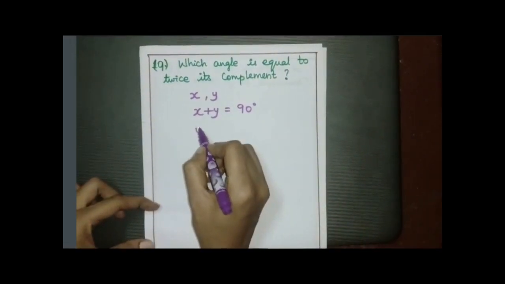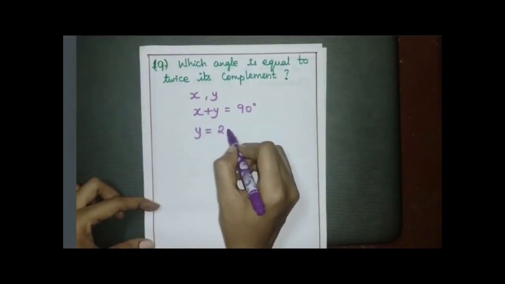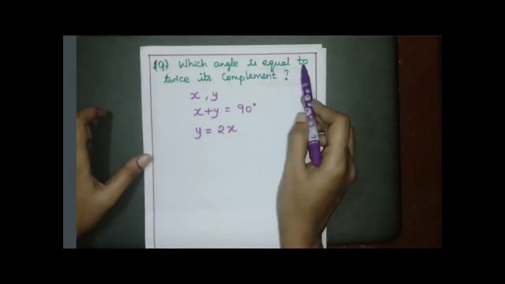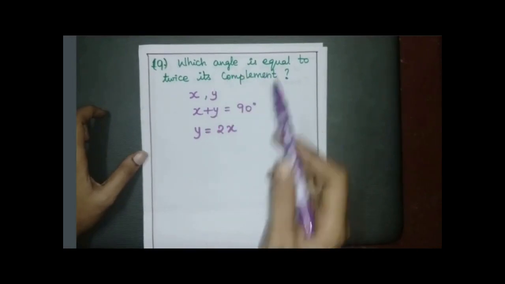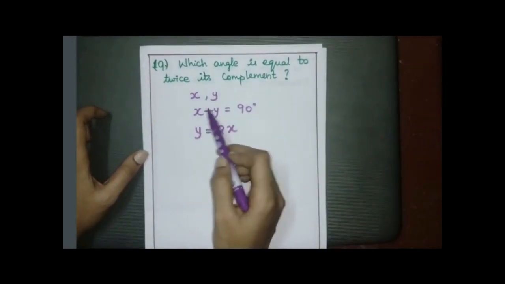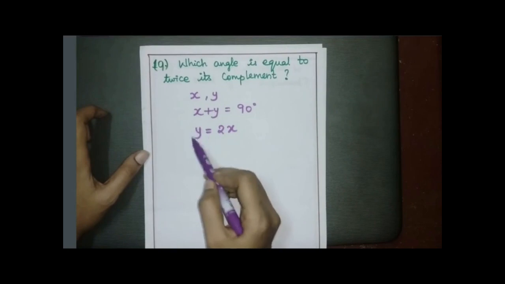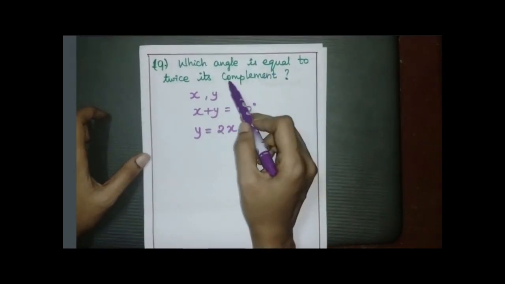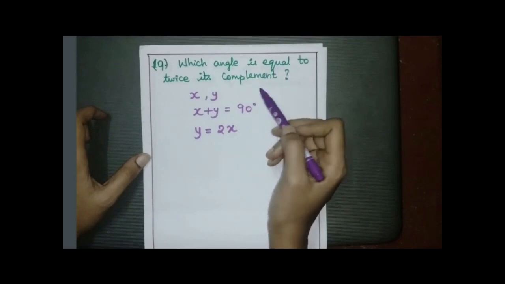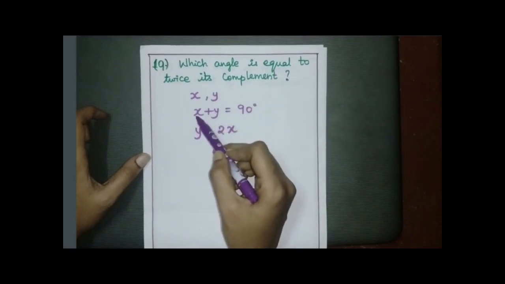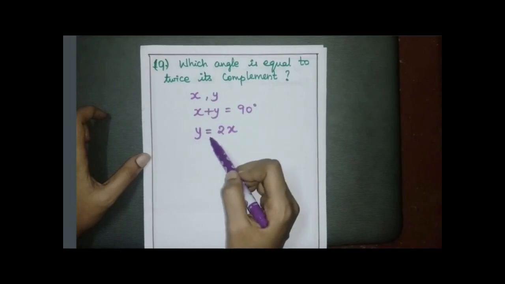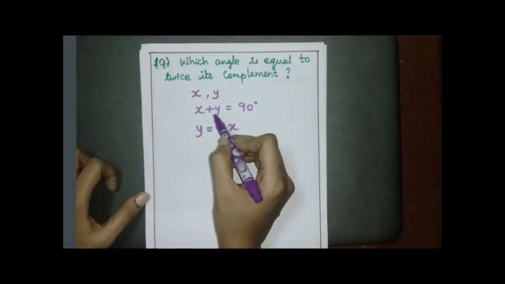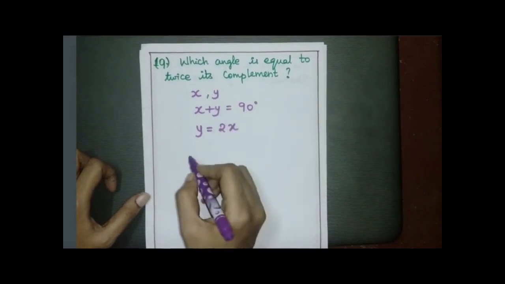Let us take Y to be 2 times X. X and Y are complement to each other. So I am taking Y as twice of X because in the question one angle is twice its complement. Y is the complement angle of X. So instead of Y I am going to write 2X.